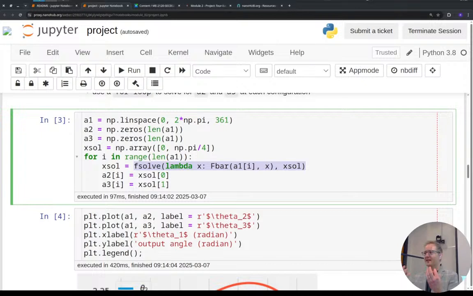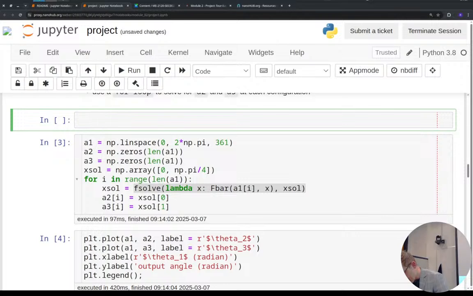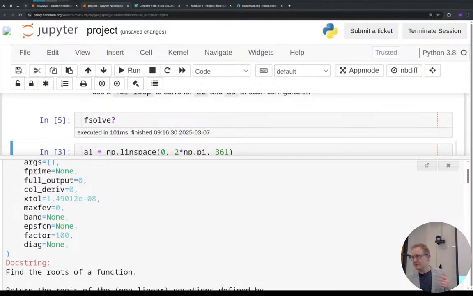As a philosophy, what is fsolve? A quick way, especially when you have code laid out like this and you're wondering what the heck this thing is doing, is to type fsolve question mark, and now it gives you a lot of information about this function.